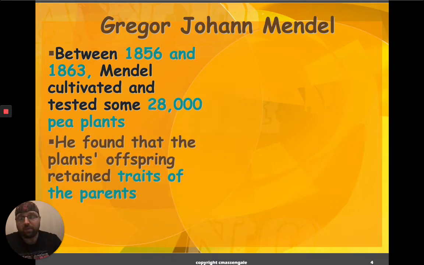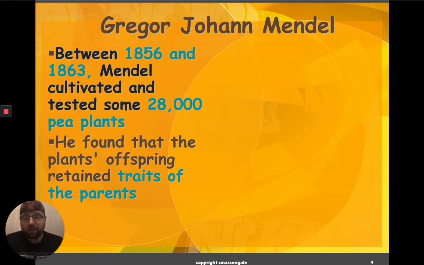What he found was that the plants' offspring retained the traits of their parents. When he compared the plants to their parents, he saw that they had some traits from one plant and some from another. It's like when you look in the mirror and you see some traits from your mom and some traits from your dad.